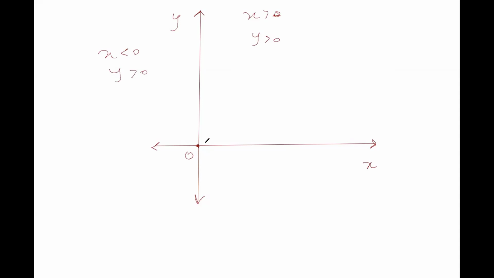In this place, since 0 is crossed in y, y is less than 0 and it's before 0 in x, so x is also less than 0 on this side. And on this side, since 0 is crossed for x, x is greater than 0 and y is less than 0.